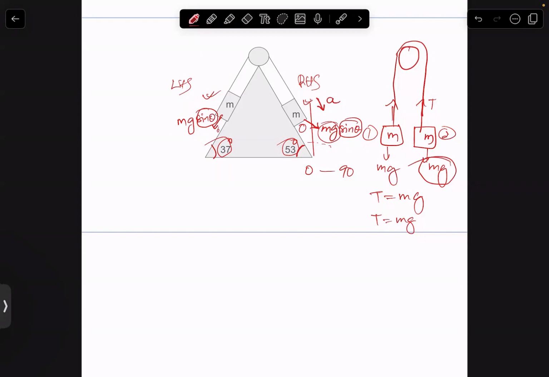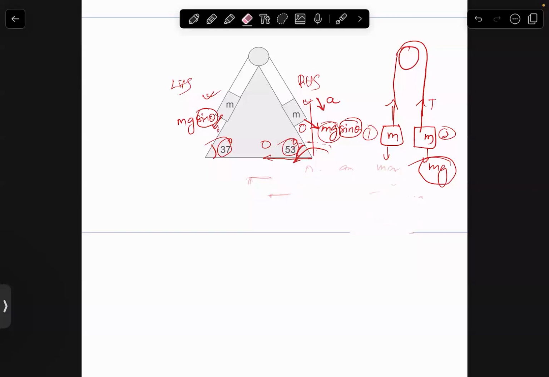Or if it goes the other way, sine 90, sine 80, sine 70, like that, if it goes to sine 0, what will happen? Sine 0 is 0. So this tension won't be there, because it will be like a block placed over a smooth horizontal plane. So again, it won't move, right? These are the extreme cases that we have already seen.